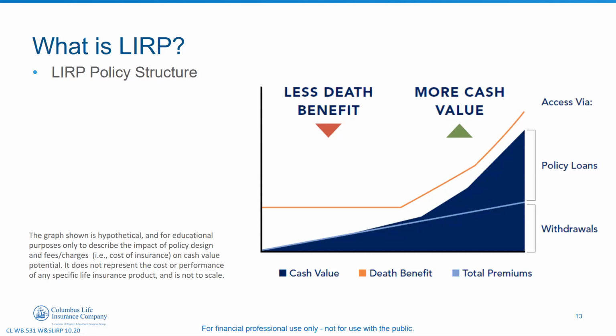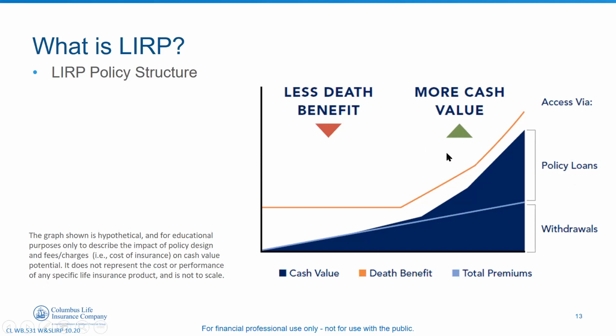One thing that you do want to keep in mind, though, is that if you're using the LIRP concept and taking cash out of the contract via policy loans, the policy has to remain in force and you have to protect against any accidental lapse. So as the policy is aging and the client is taking distributions, it's important that they understand that the policy must remain in force to retain those tax benefits.